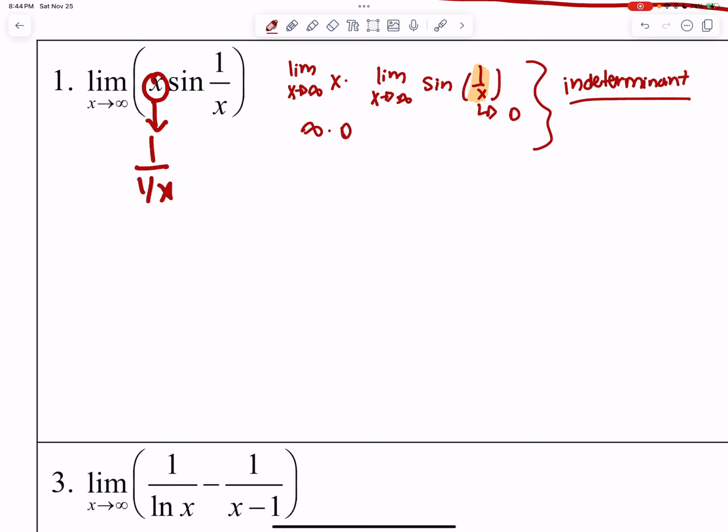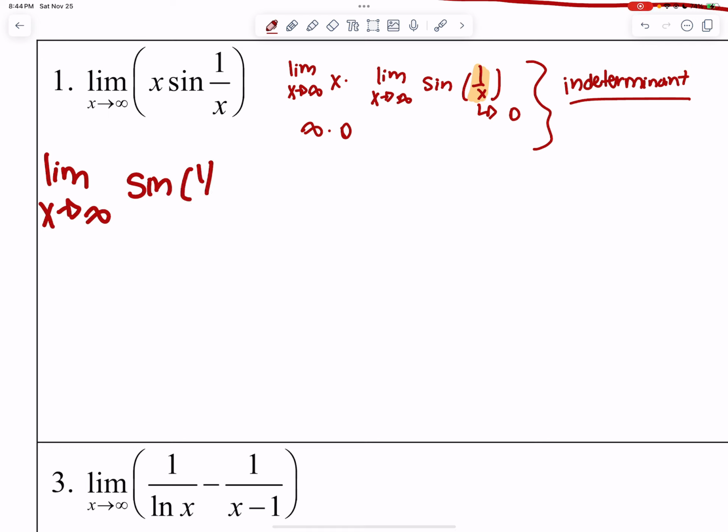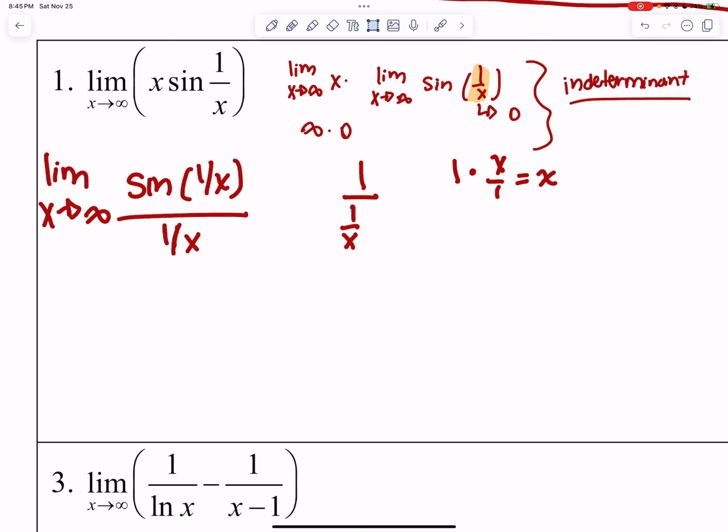Now that's going to be important because then I could say the limit as x approaches infinity of sine of 1 over x over 1 over x. Because remember, 1 over 1 over x is the same thing as 1 times x over 1, which is just x, based off of my little same change flip.